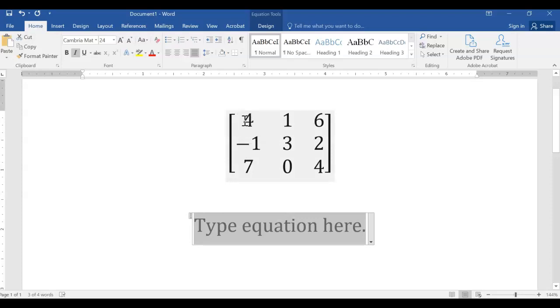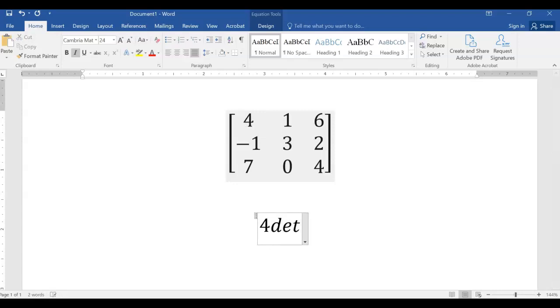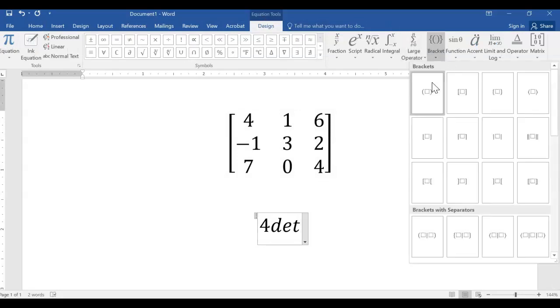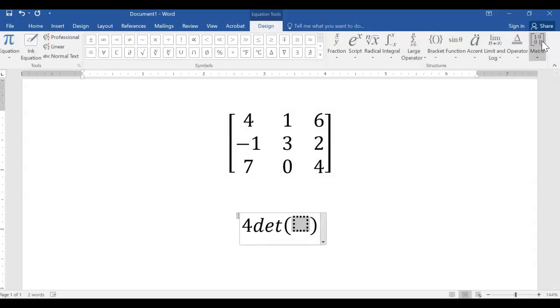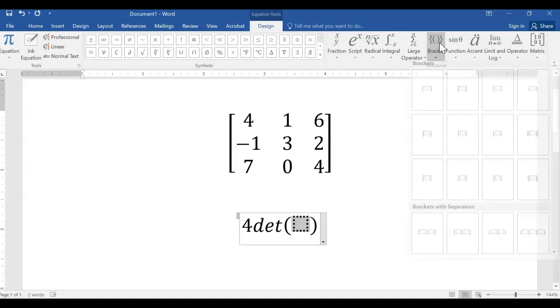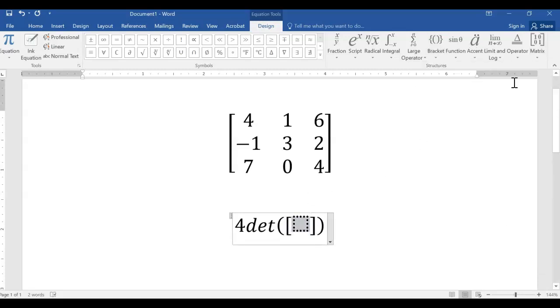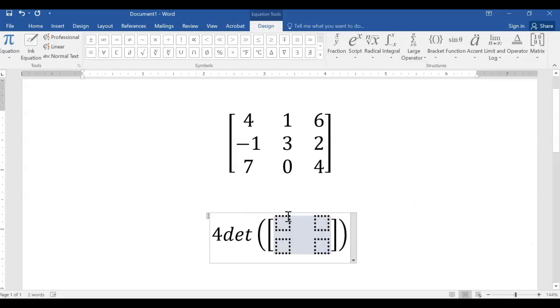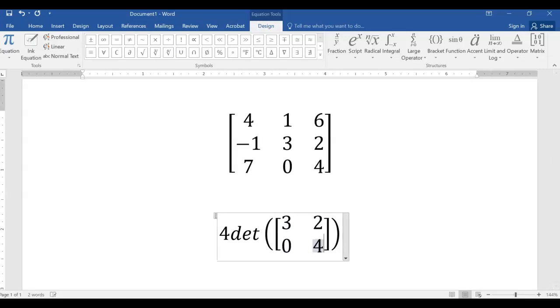Now the first entry here is a 4. 4 times the determinant of the submatrix that you're going to get, which is going to be 3, 2, 0, 4. Again, one way to say it is the number 4 is in row 1, column 1, so eliminate that.